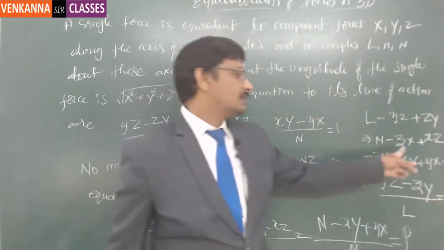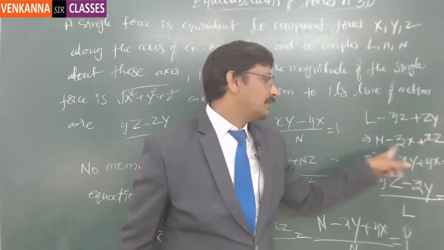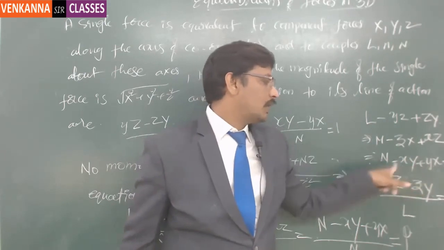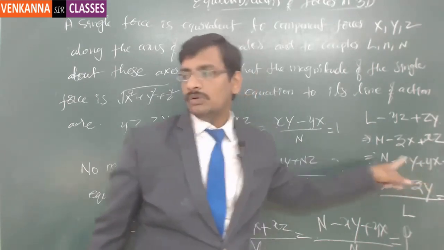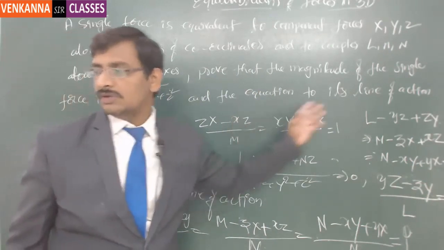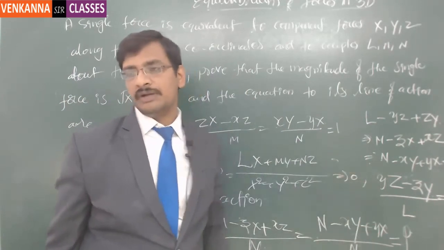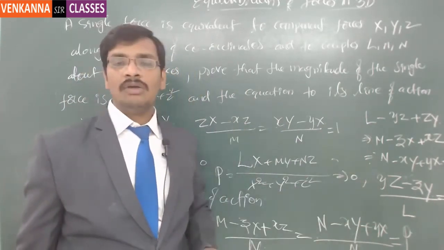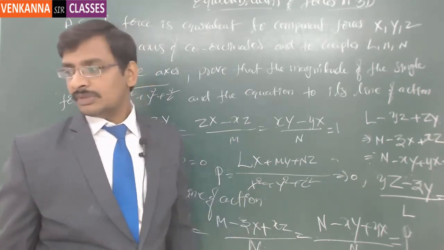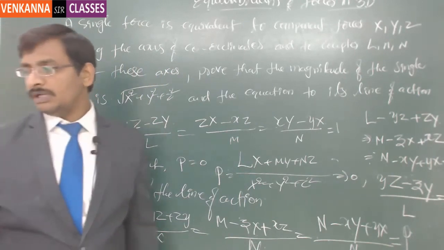Similarly, if you take the second equation to 0, then (zX minus xZ) divided by M is equal to 1. Similarly, this equation (xY minus yX) divided by N equal to 1. So the same equation will result as long as P equal to 0, which is the condition for the system to have a single force without any moment. Got it? Understood or not? Any questions?